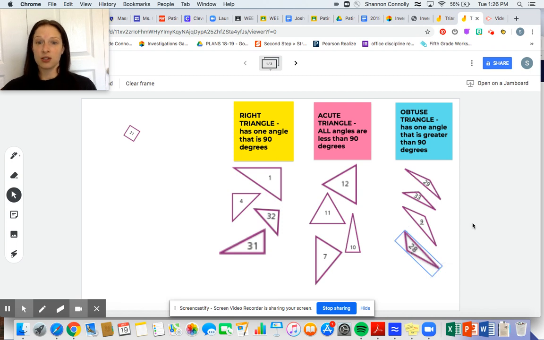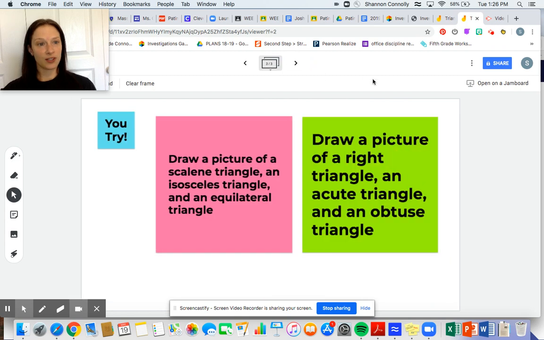Okay? So what are you going to do at home? Well, you are going to draw me some triangles. Okay? So what I want you to do is get a piece of paper, and I want you to draw a picture of a scalene triangle where all three sides are different lengths. Okay? Then I want you to draw me an isosceles triangle where you have two sides that are the same length, and then the one side is a little different.